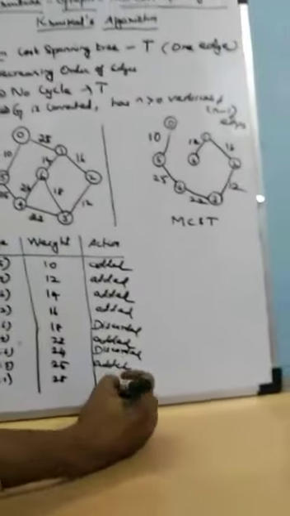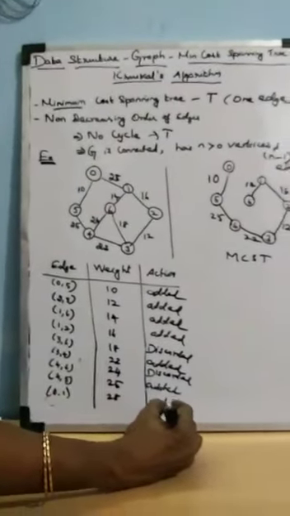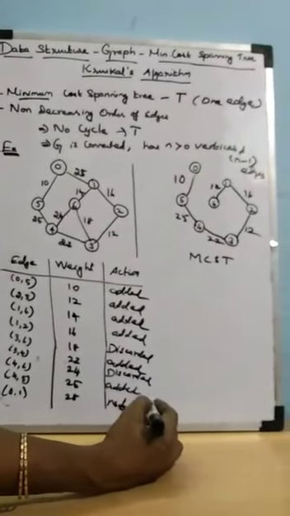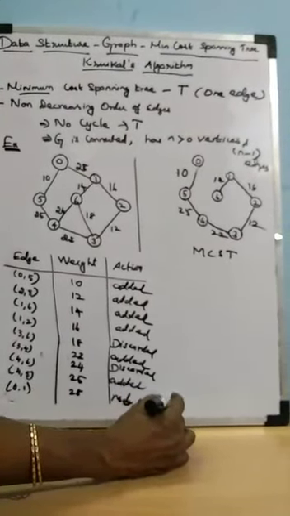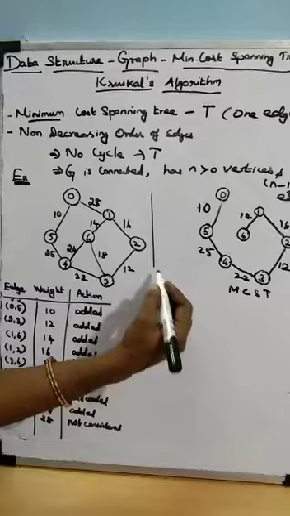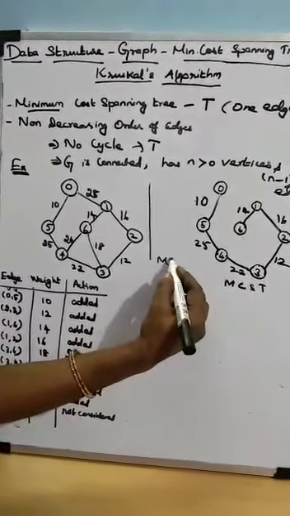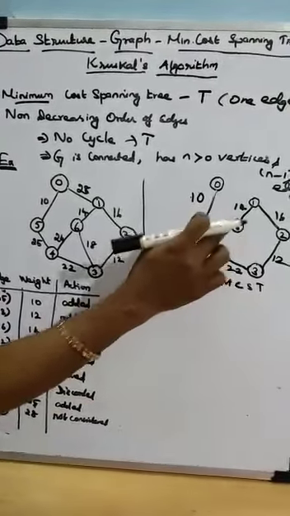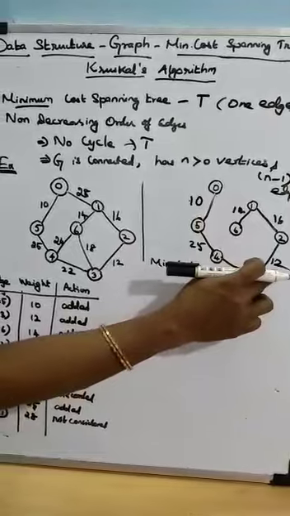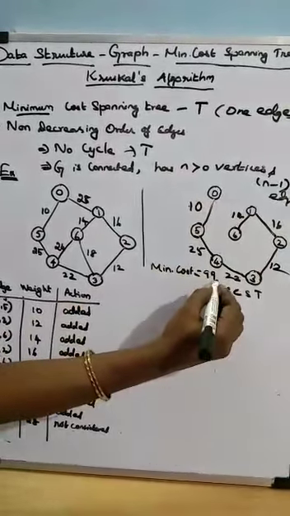The last edge is not considered for adding to this tree. The minimum cost is 10 plus 25 plus 22 plus 12 plus 16 plus 14, which is 99.